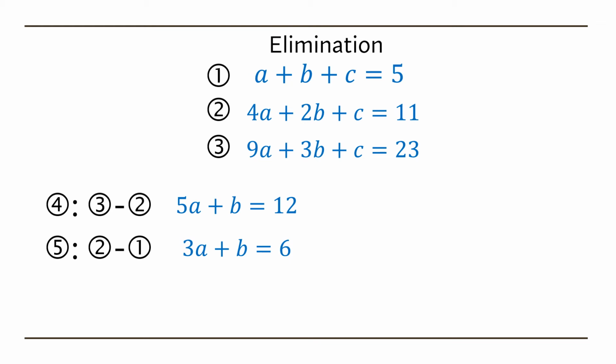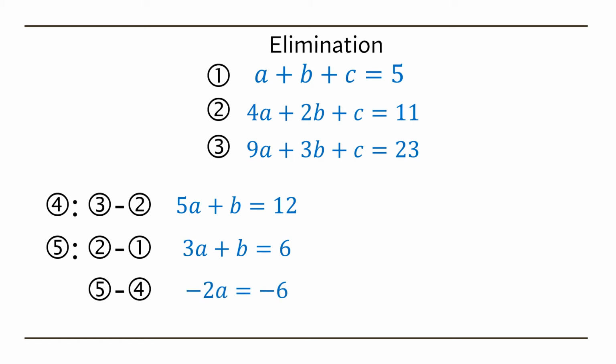So the next strategy is to take equation 5 and subtract from it equation 4. So if we look at the two equations above, 3a minus 5a, well, that's going to give us a negative number, negative 2a. Now b minus b, lo and behold, we've now eliminated b. And 6 minus 12 is equal to negative 6.